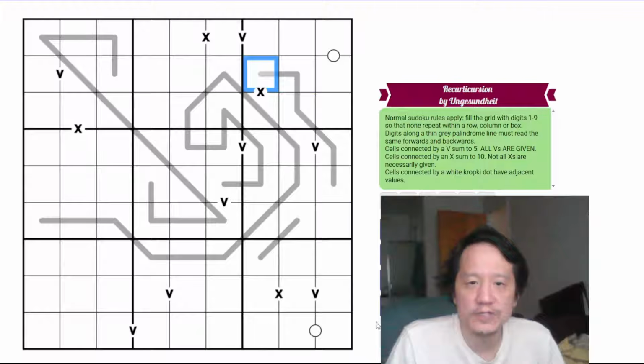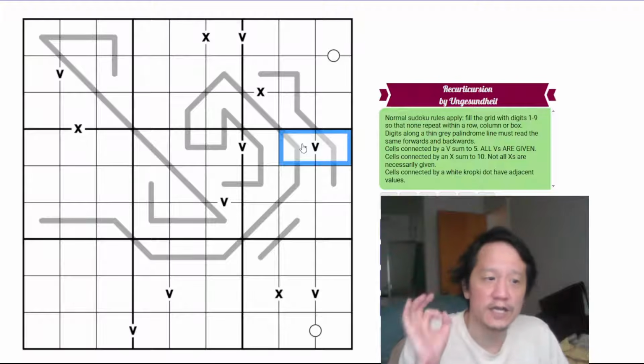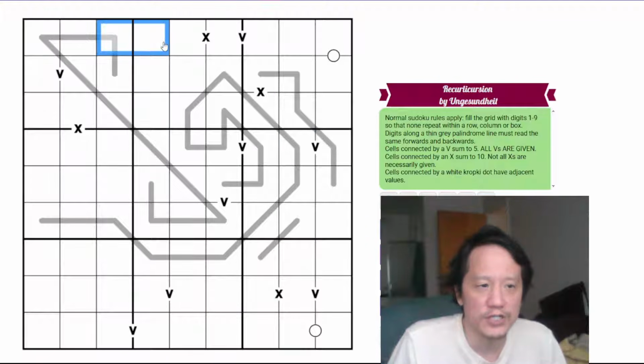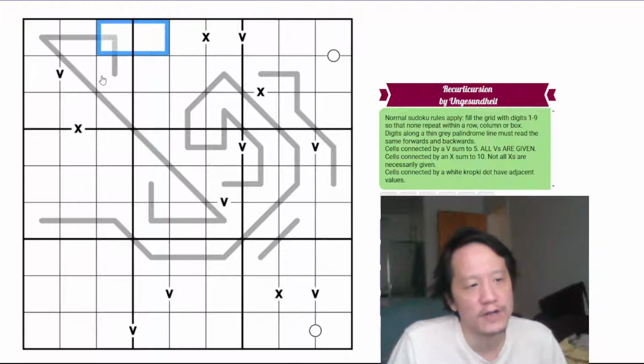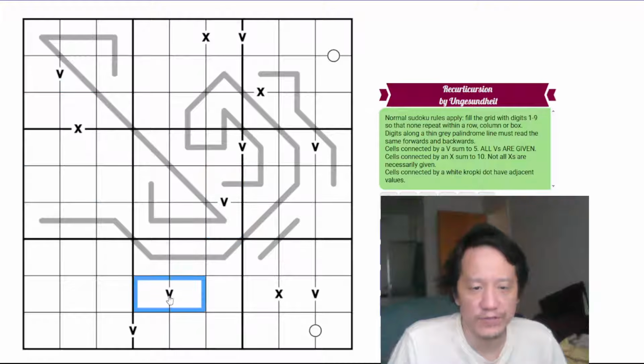We also have cells connected by a V sum to 5. All V's are given, so this is a negative constraint, which means that if there are two digits which are adjacent, that share an edge with each other and they add up to 5, they are marked by V. If there is no V between them, they cannot add up to 5.